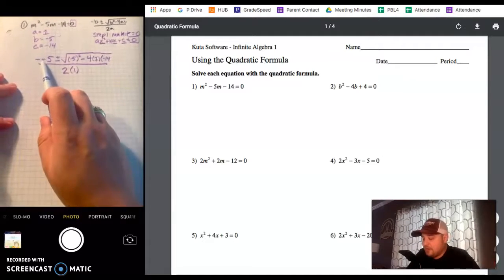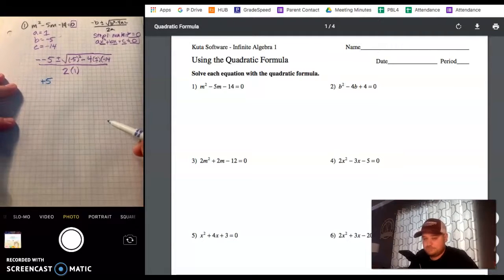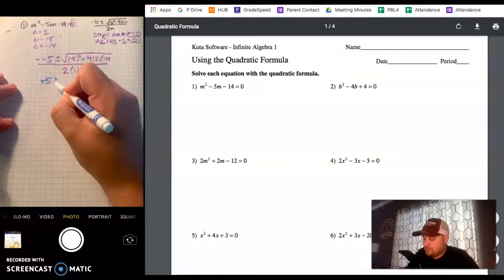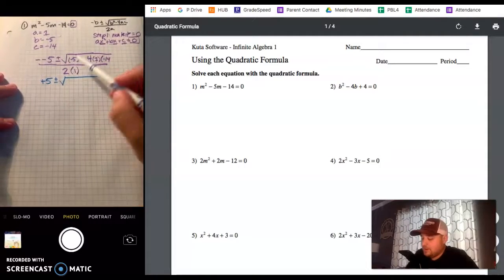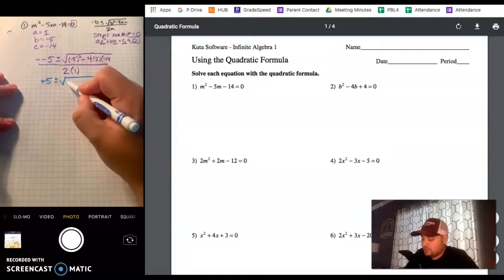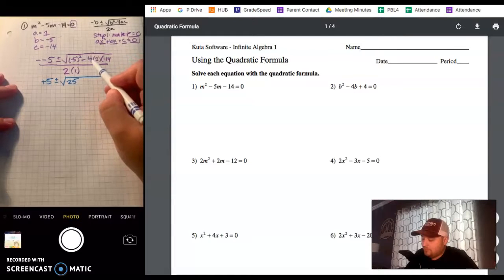So negative 5, I'm going to write that as a plus 5, and then plus or minus. Let's see if we can work out what's going on inside of here. Negative 5 squared is 25, because negative 5 times negative 5 is positive 25. And then negative 4 times 1 times negative 14.